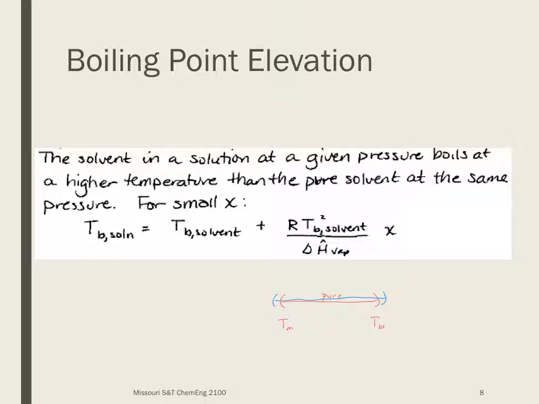Okay, the melting point will be a little lower, the boiling point will be a little higher. And in this case, it's going to be the boiling point of just the pure solvent, water, whatever it is, plus R times the boiling point squared. Again, make sure this is going to be absolute. Divide by the heat of vaporization times the mole fraction of the solute.